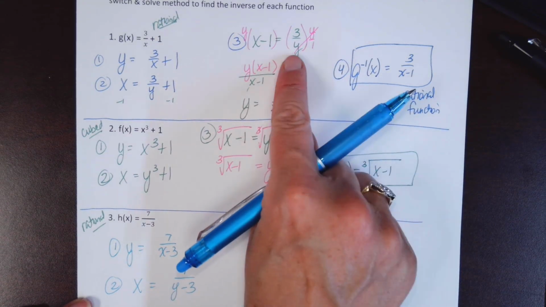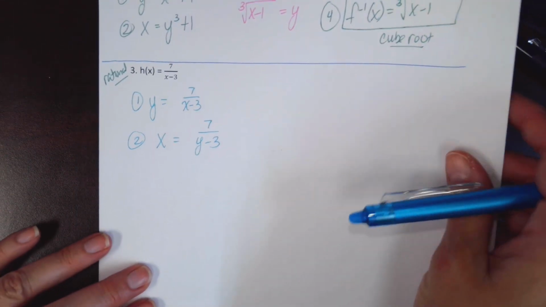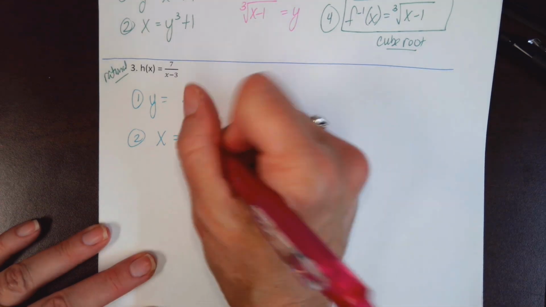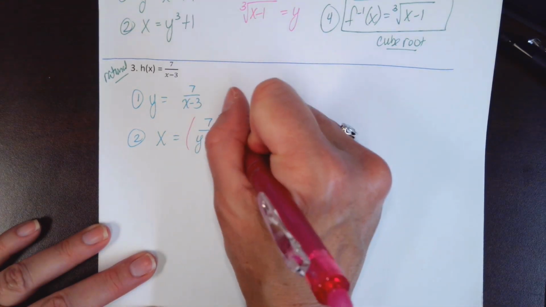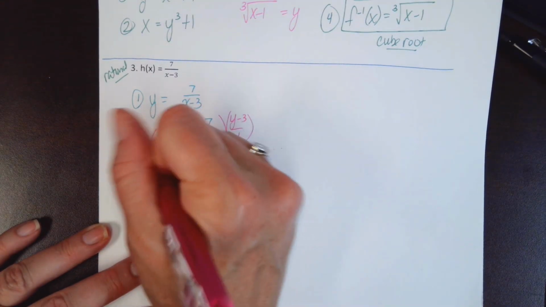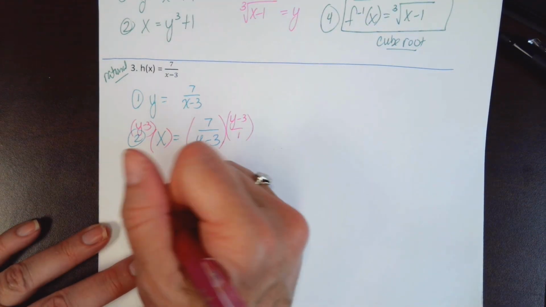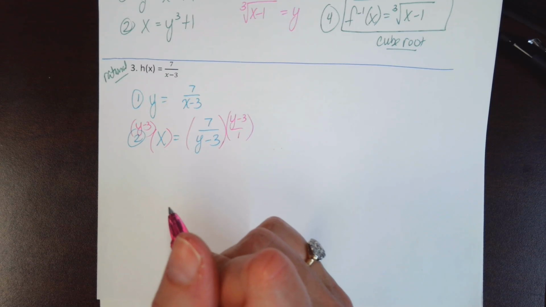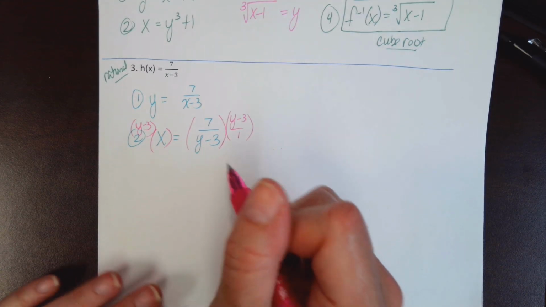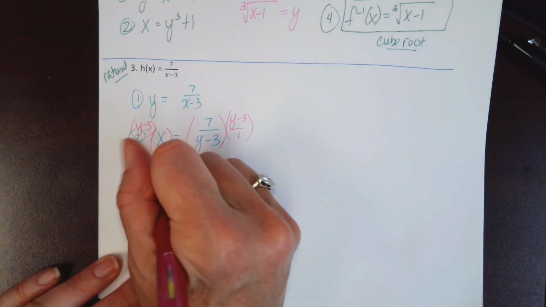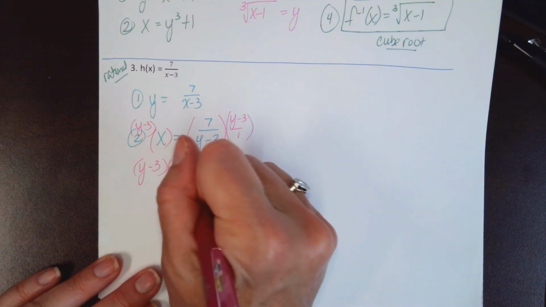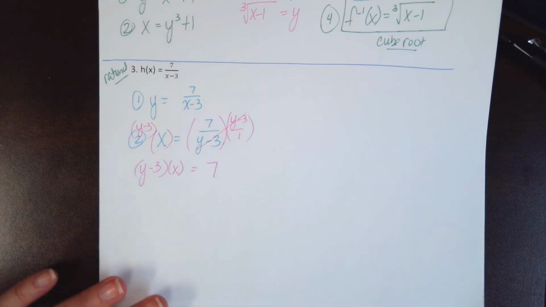We multiplied both sides by that denominator. That's the same thing we're going to do here. We're going to multiply both sides by that denominator. Not going to distribute. Cancels and leaves me with 7.